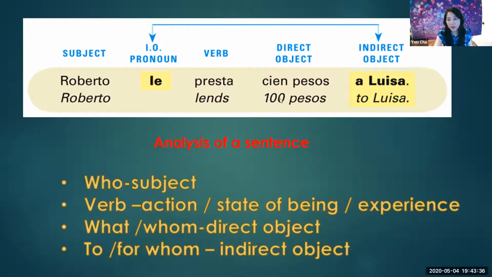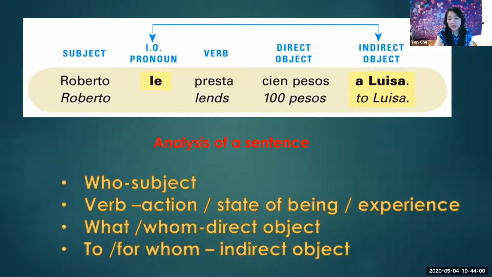Roberto lends 100 pesos to Luisa. So if I ask you, what is the subject of the sentence? The question you should ask is who? Who lends 100 pesos to Luisa? Who is doing that? Roberto, right? The answer to the who of the sentence is the subject of the sentence.